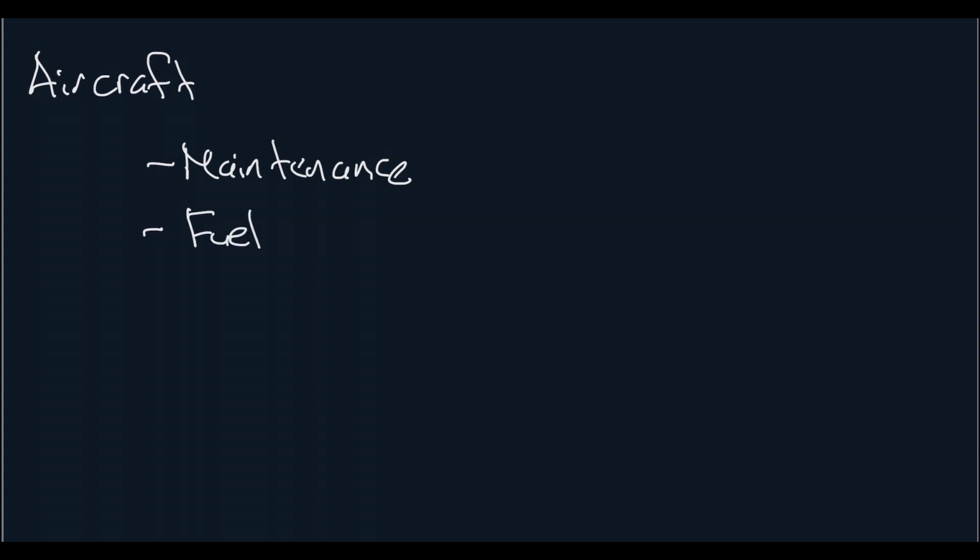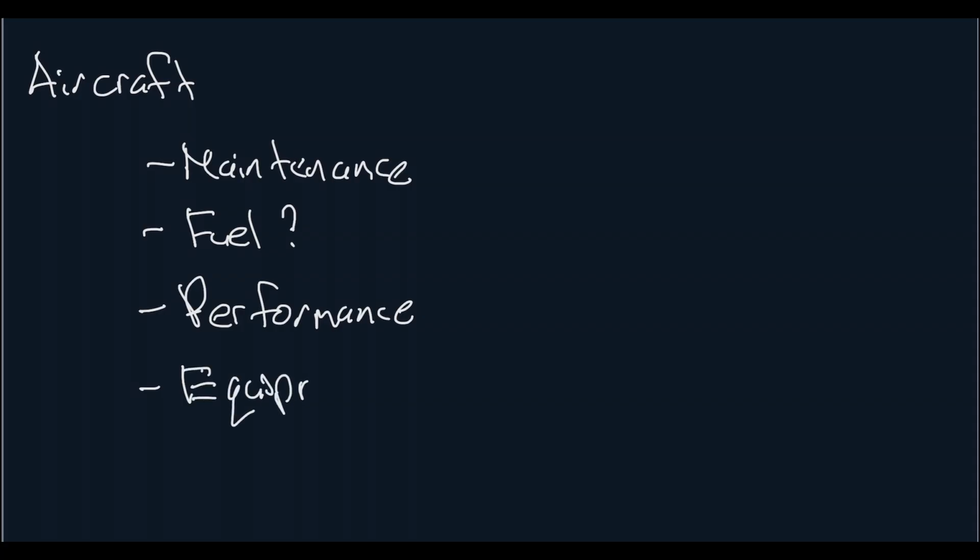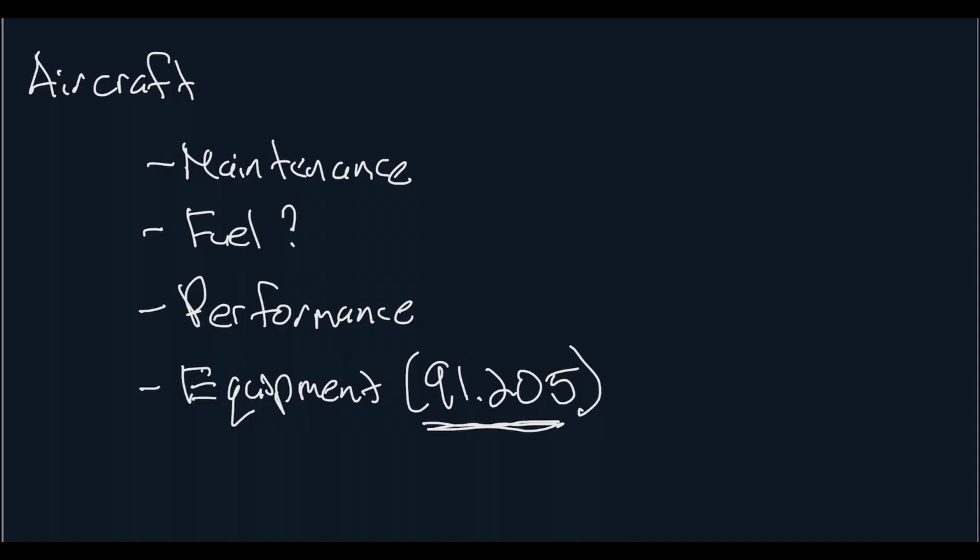Does it have fuel? Is it able to perform? We're talking about the performance of the aircraft. Equipment. Does it have the legal amount of equipment on board? Does it have the legal equipment stated by 91.205? We will talk about 91.205 in a later video, so do not worry.